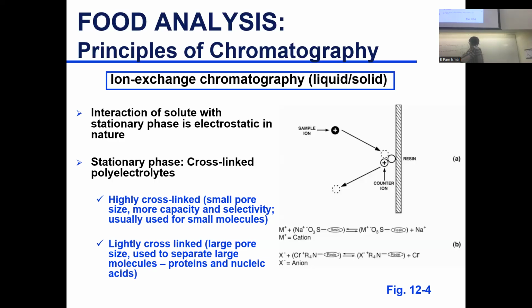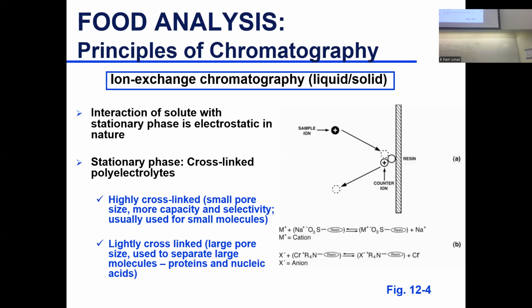So in anion chromatography, anion exchange, your components are negative, your stationary phase is positive. So anion refers to the ions, the molecules, the components you're trying to separate.